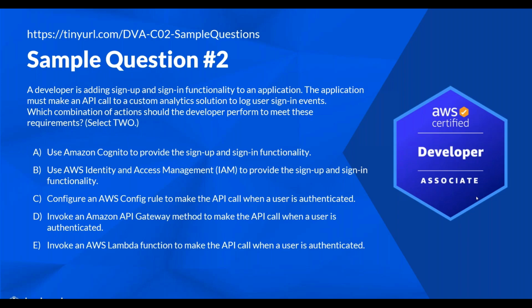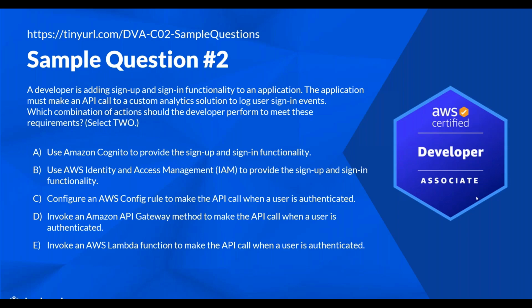So I can probably say one of my choices is going to be answer A, and the other choice is probably going to need to be C, D, or E. So now we're talking about making the API call when a user is authenticated. Would I configure an AWS Config rule to do that? Probably not. And again, this is where that service-specific knowledge comes into play, knowing what AWS Config is for.